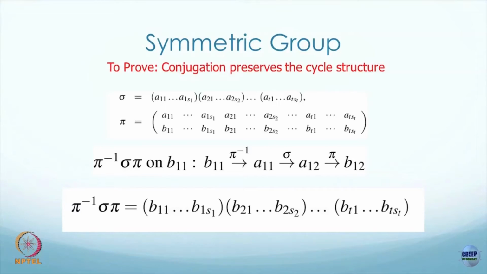Sigma, I have written it as (a11, a12, ..., a1s1)(a21, a22, ..., a2s2) and so on, right. The same thing I could have written here in this notation.